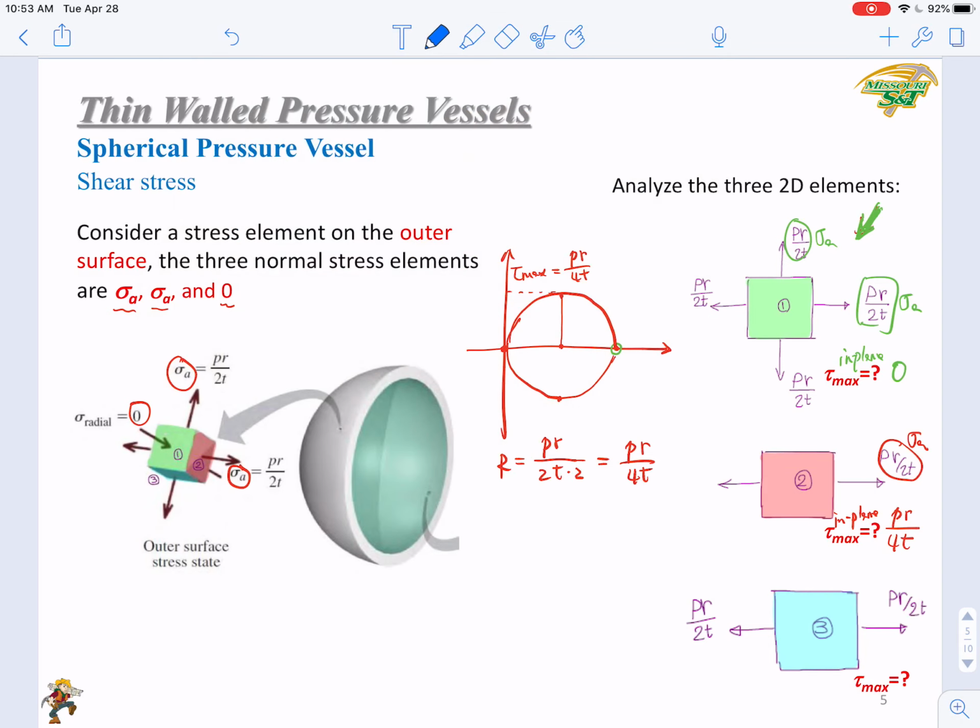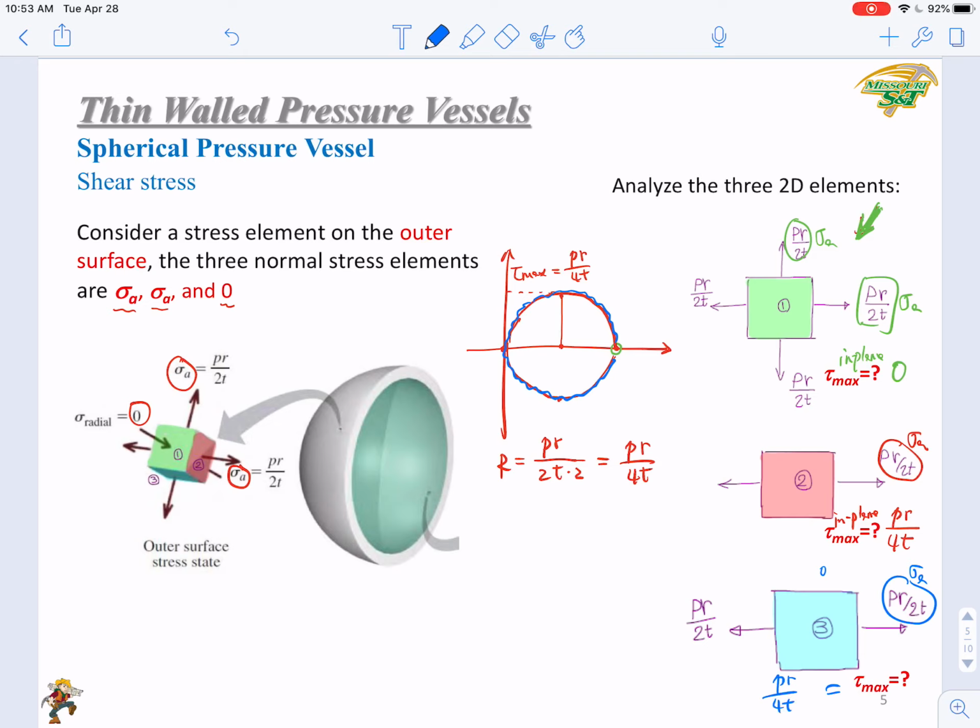Then how about the third case? Along this direction, you have sigma A, and along the other direction, it's 0. This is exactly the same as the second case, so you get the same Mohr circle, and the in-plane maximum shear stress will be the same, PR over 4t.